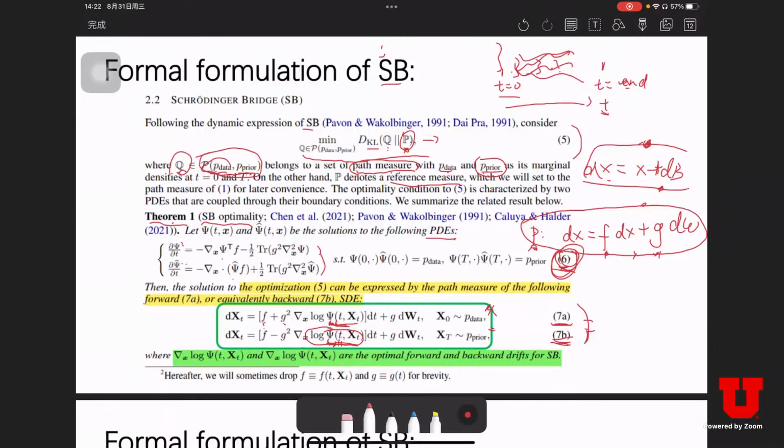So I think this field of Schrödinger bridge is not completely explored, because lots of people have trouble understanding the math and transferring this math to code. So if you can make it work, I think it's kind of fancy.